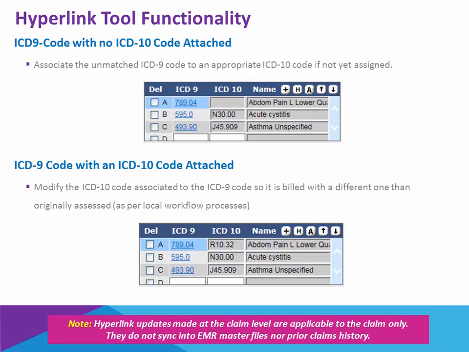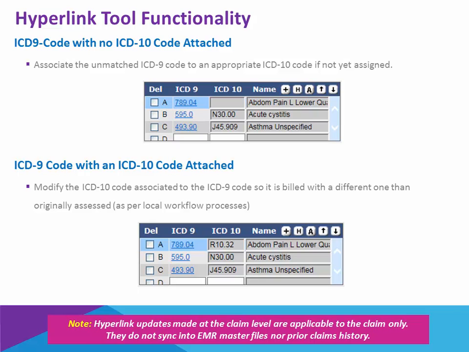So in billing, the hyperlink will always be present whether it has been mapped or not. And of course, this allows the biller both the ability of assigning the ICD-10 or changing the ICD-10. Maybe the physician has mapped it incorrectly, and the biller knows that a different code would produce a better reimbursement. So the opportunity is there to modify it or assign it before marking the claim ready to send.